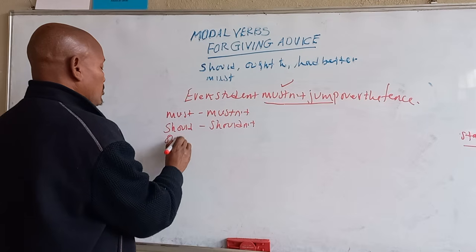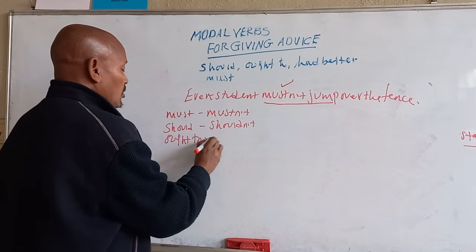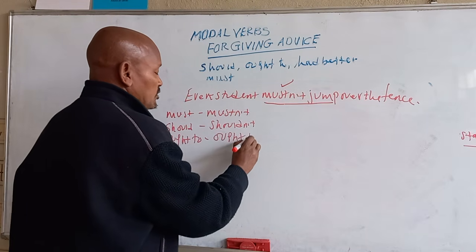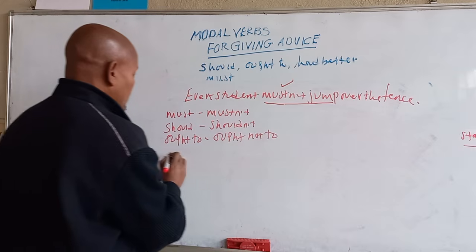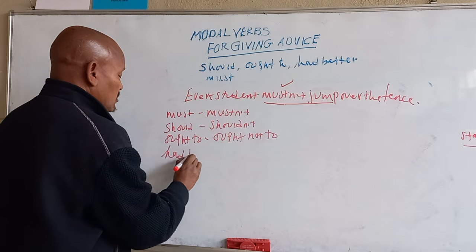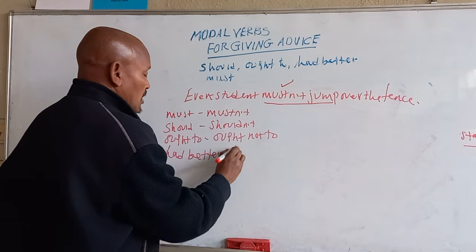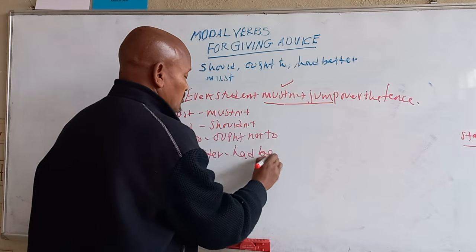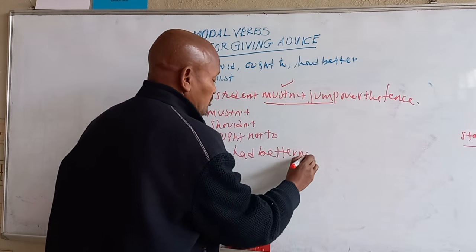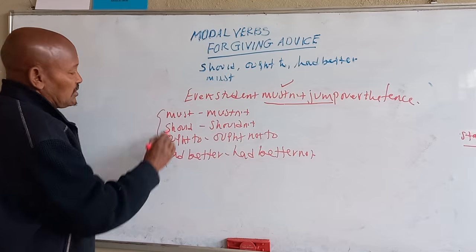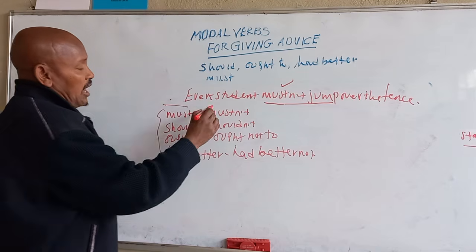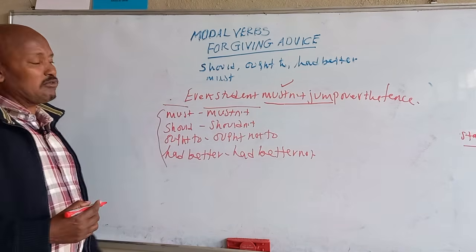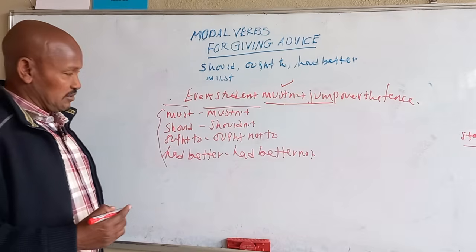And ought to, ought not to. And had better not. This one is the positive form, and this one is what? The negative forms of these modal verbs.